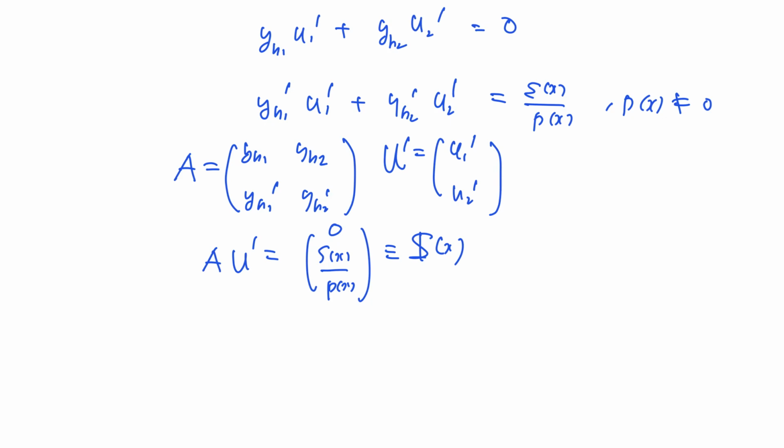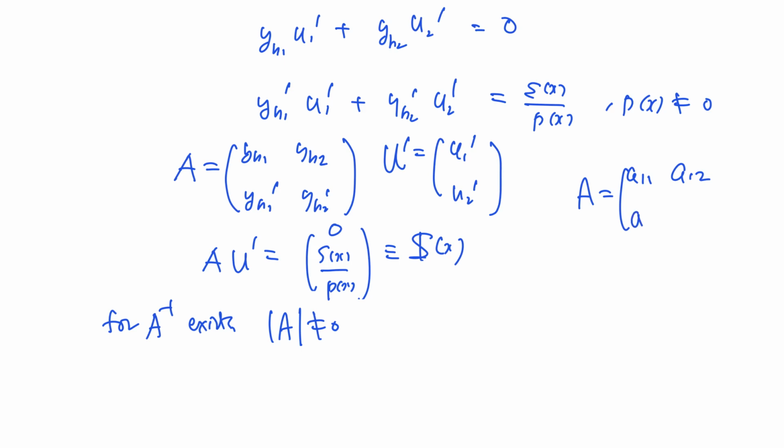So if A is A11, A12, A21, A22, does anybody remember the formula for the inverse?